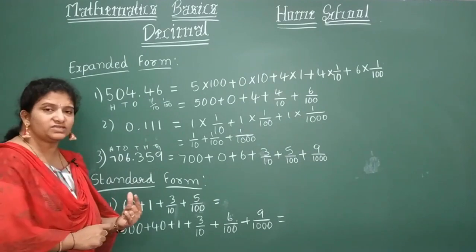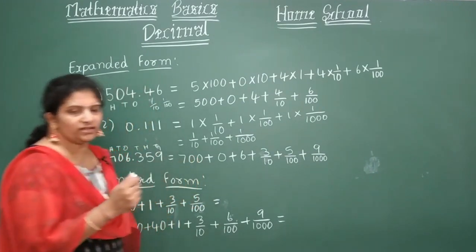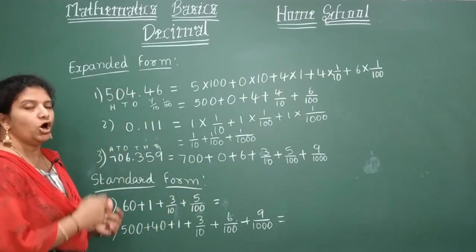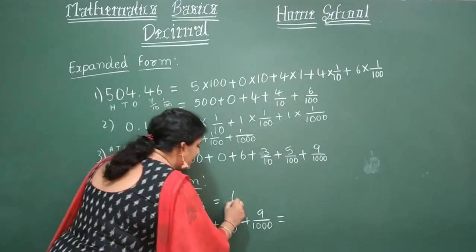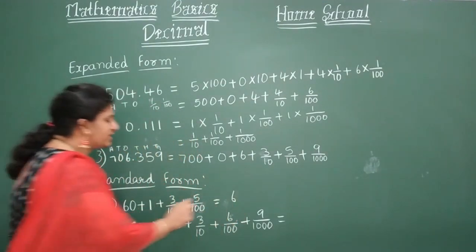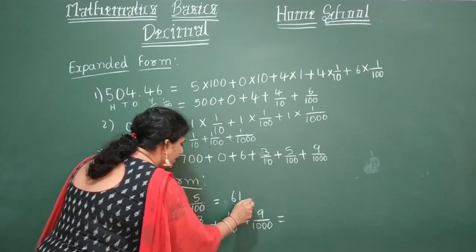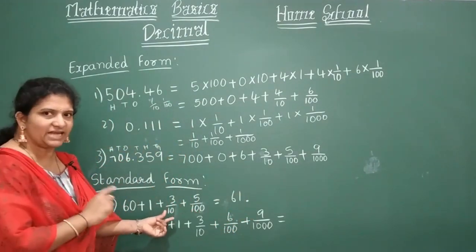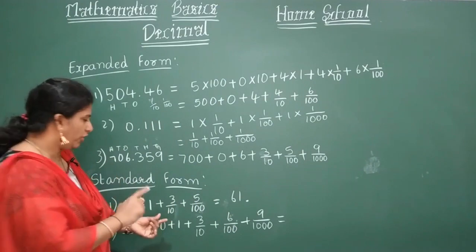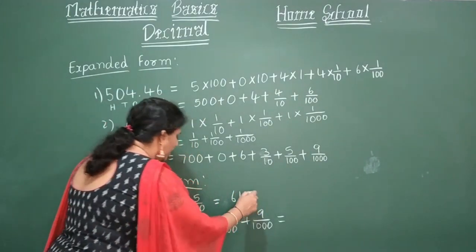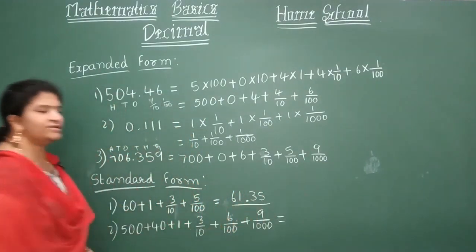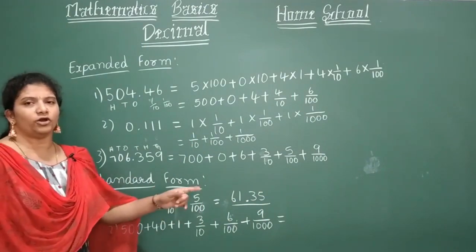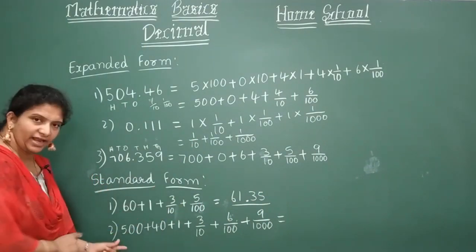How do you rewrite this one? 60 into 1, 6 into 10 also you can write. Or directly 6, and 1 is in ones place. Point, your 10th position started, means you have to put a decimal point. 0.35. This is your answer. 61.35.